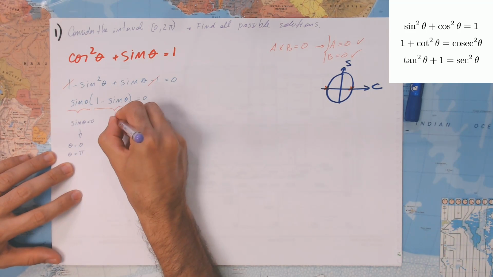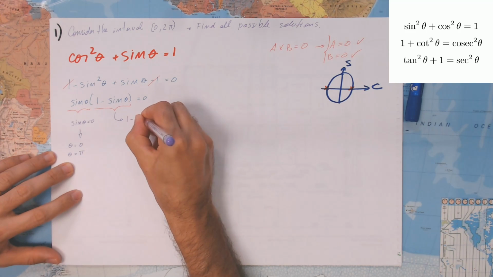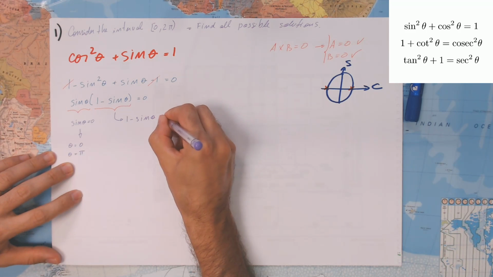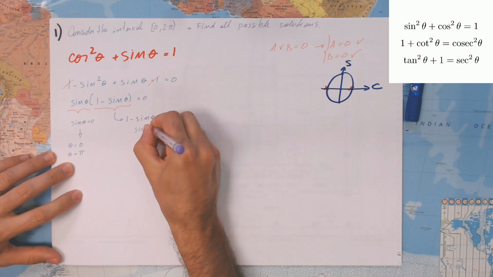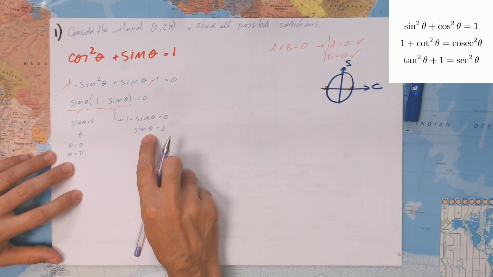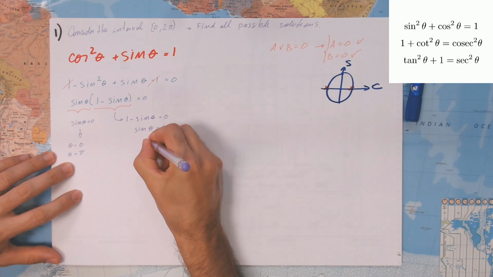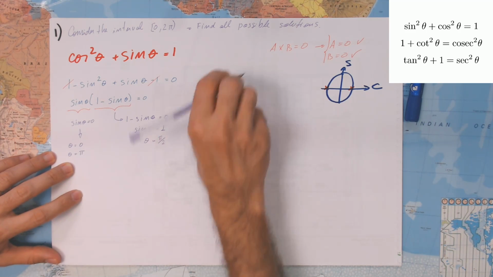Let's analyze this situation here. 1 minus sine of theta is 0. It means that the sine of theta equals 1. Well, theta is going to be pi over 2. So theta in this case is going to be pi over 2.